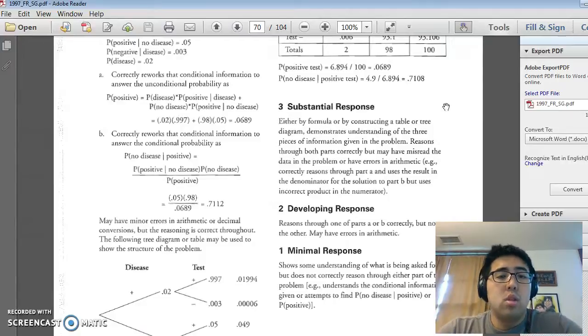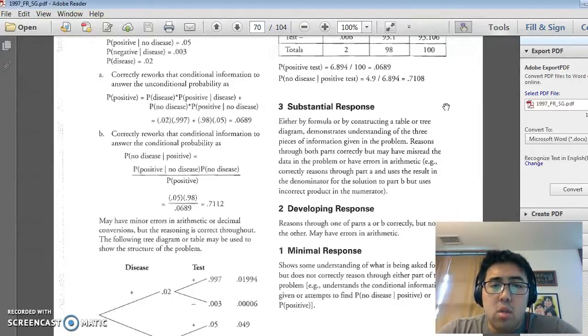So a substantial response here says either by formula or by constructing a table or a tree diagram demonstrates understanding of the three pieces of information given in the problem, reasons through both parts correctly, but may have misread the data in the problem or have errors in arithmetic.